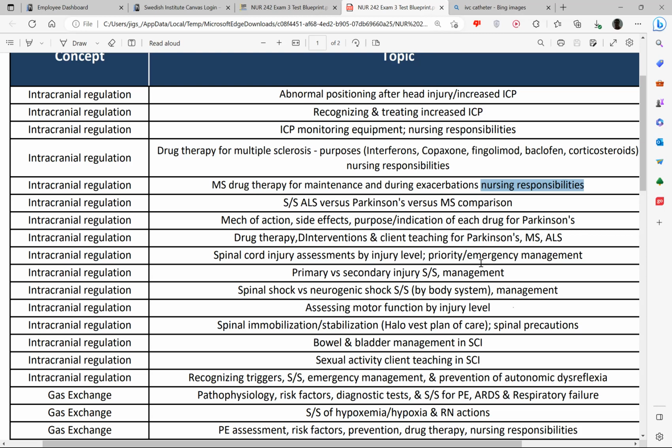So would the nursing responsibility be to educate the patient on how to manage stress, or to take the patient away from stressful environments? Well, it's easier said than done, right? But in MS, exacerbations are very unique to the person, and can we absolutely prevent an exacerbation?